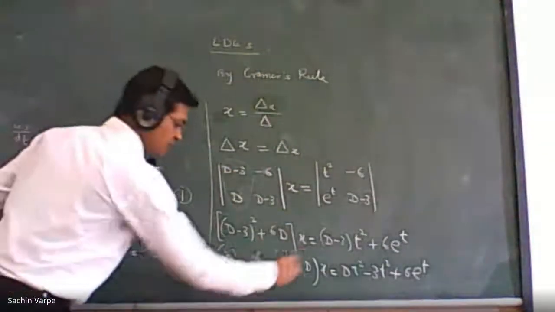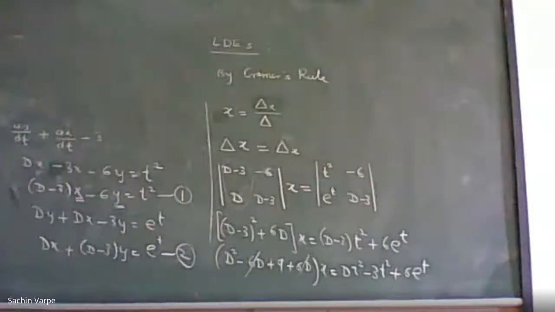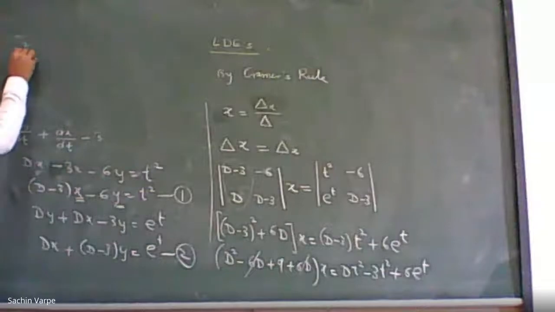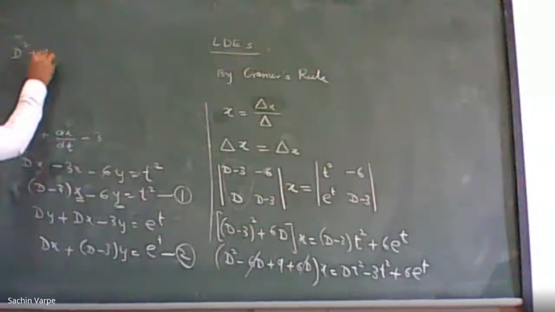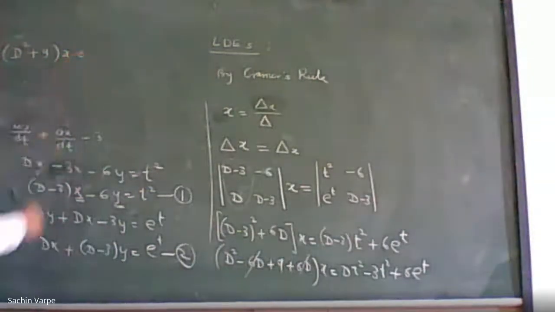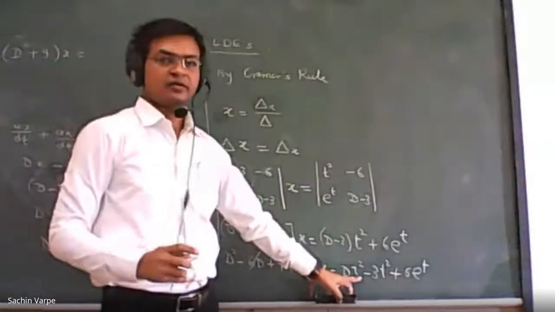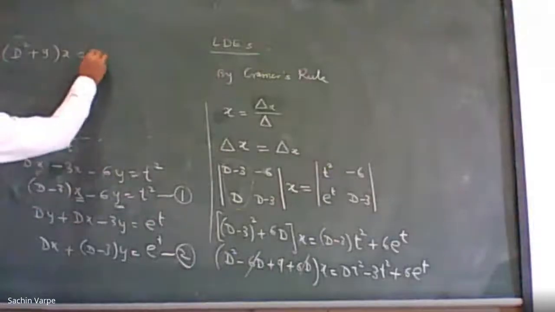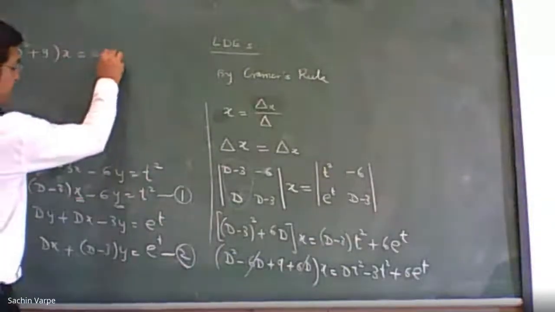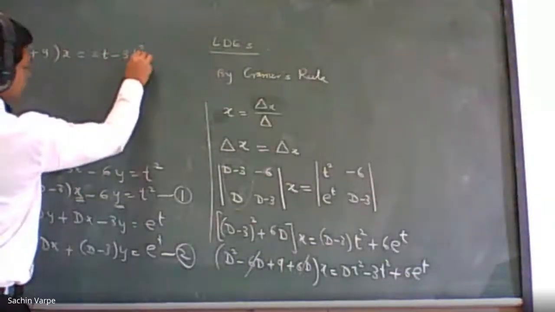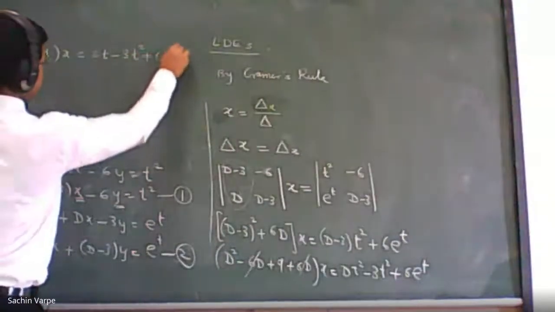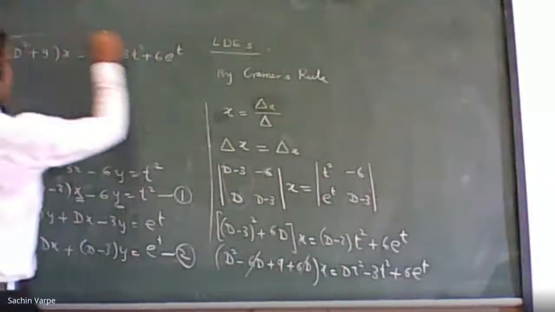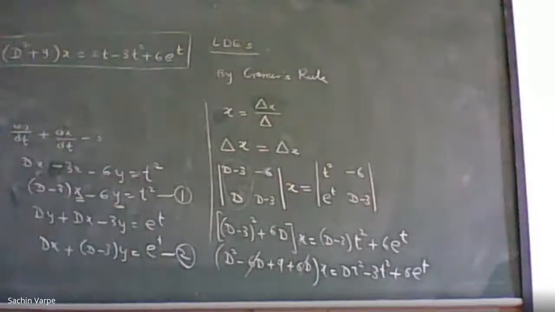This minus 6d plus 6d will get cancelled. I'll get, is it visible? d square plus 9 times x is equal to d of t square, and d of t square means derivative of t square, that is 2t, minus 3t square plus 6 e to the power t. And that is my required differential equation with constant coefficient.